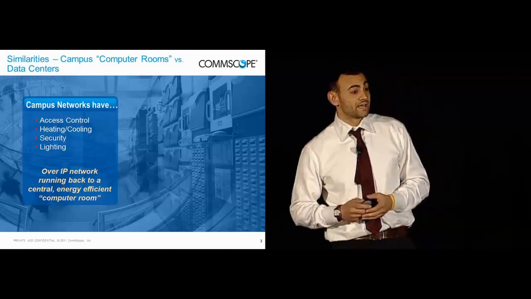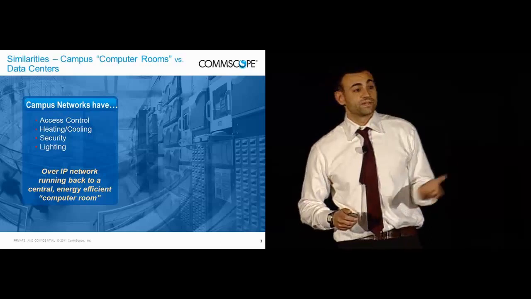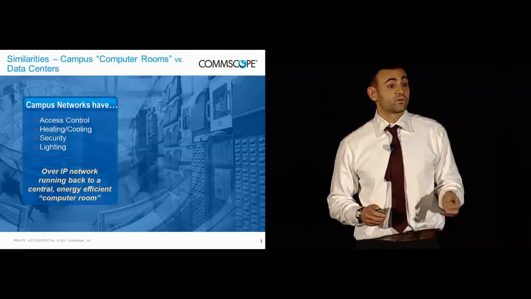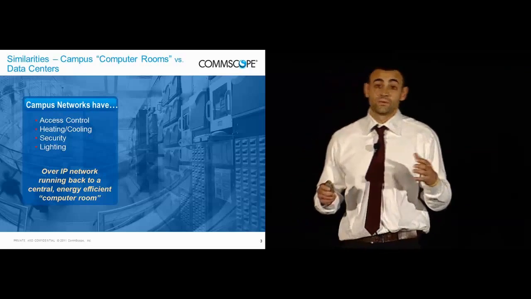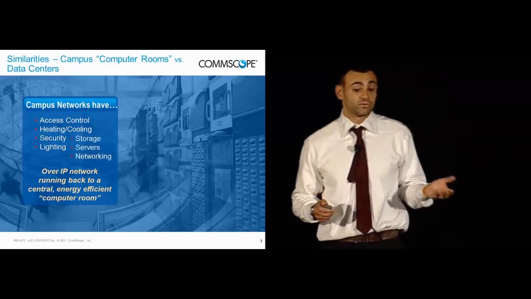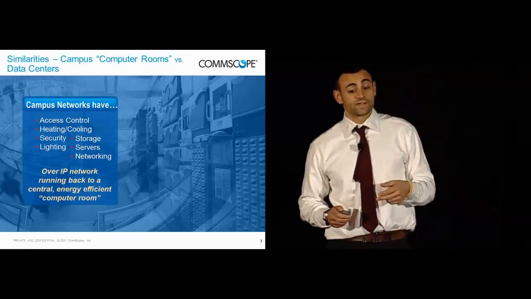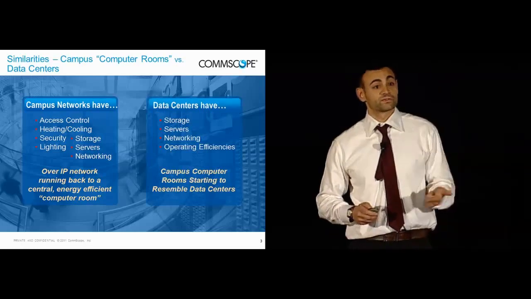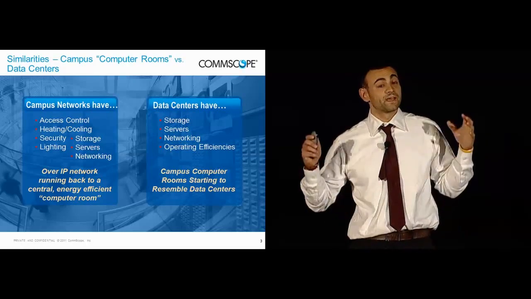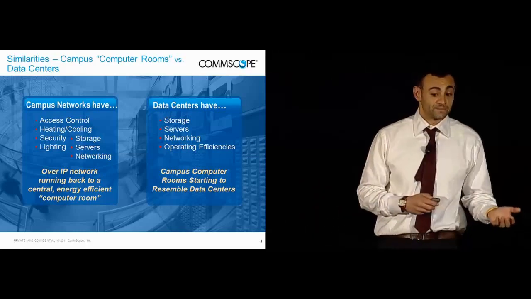If you worked in campus environments before, we have access control, heating, lighting, security, a plethora of protocols that are now starting to be combined over IP, running back to a centralized server or computer room that has storage, servers, and networking. Most of our data centers also have storage, servers, and networking, but they have some operating efficiencies that some of these computer rooms are starting to borrow now.